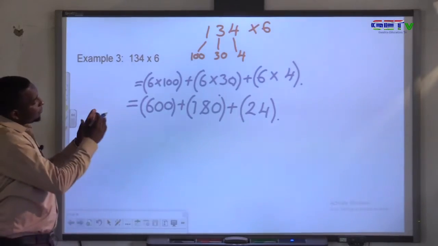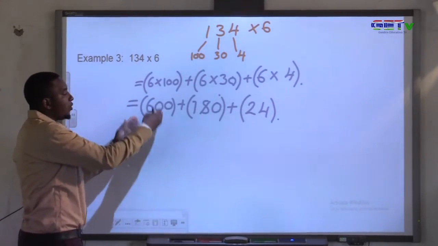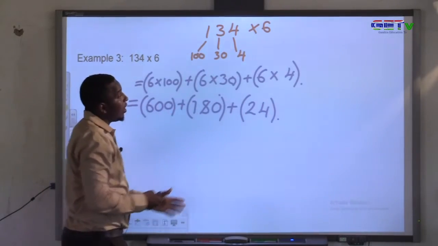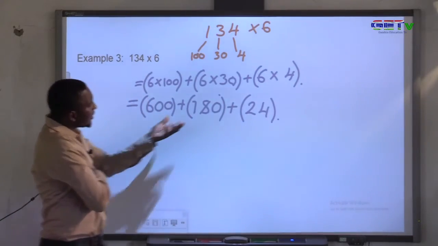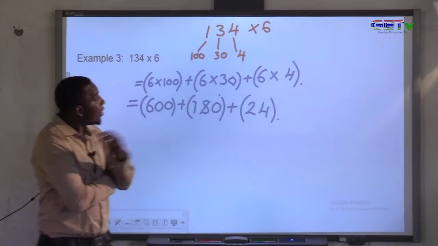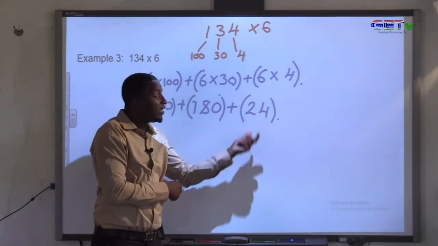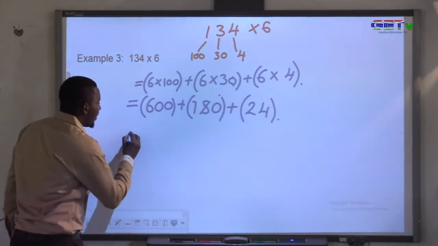If you look at it in general, we are considering this to be hundreds, this to be the tens, and this to be units. But what do we observe? Under the tens, there are 3 digits. We need only 2. And under the units, there are 2 digits, and we need only 1. So we are going to separate them.